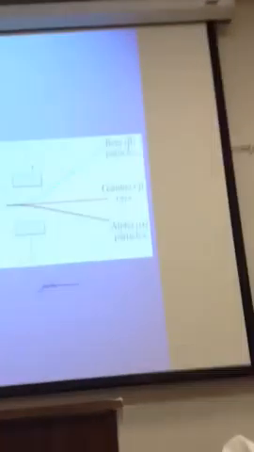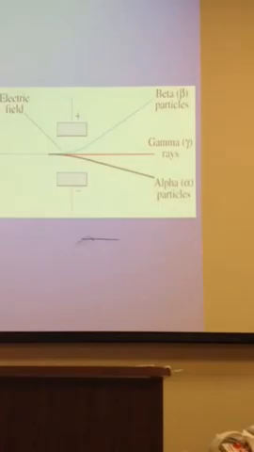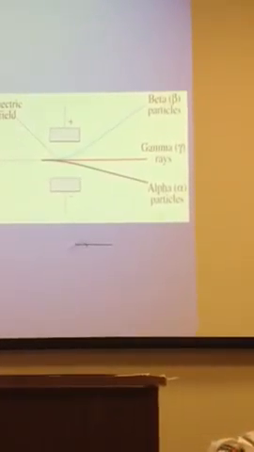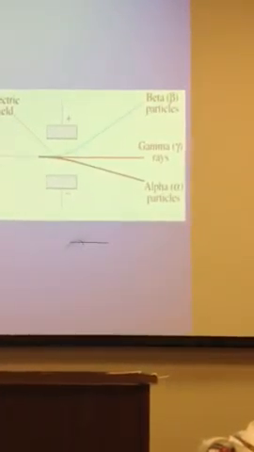So the reason is that the beta particles are basically just light in weight, and so they are easily deflected. And the alpha particles are heavy. Like I told you, they are helium atoms without the electrons, and 2 protons and 2 neutrons are pretty much heavy and difficult to deflect.